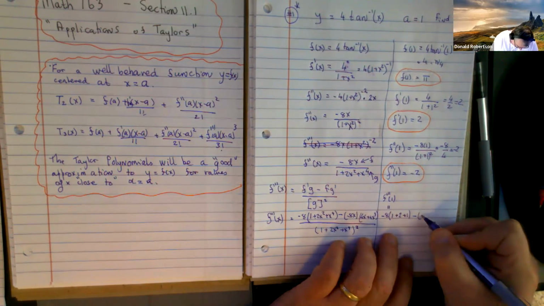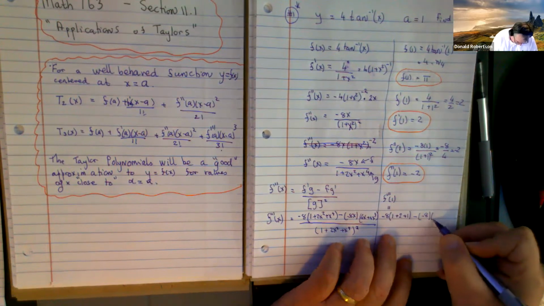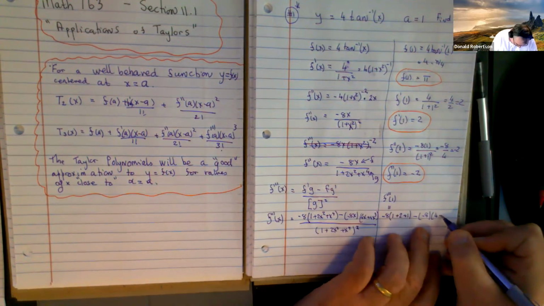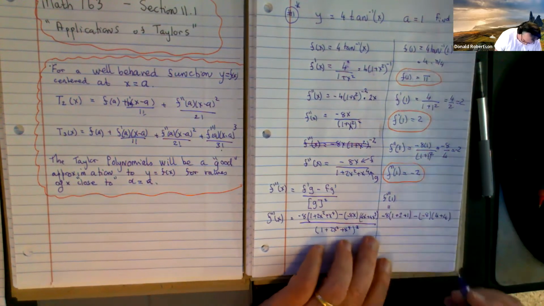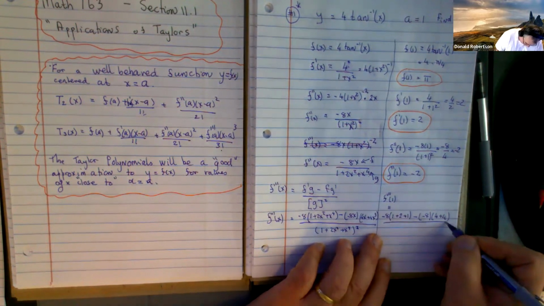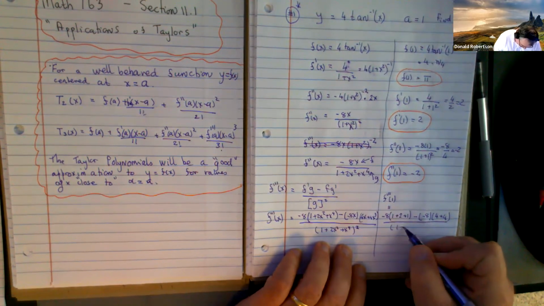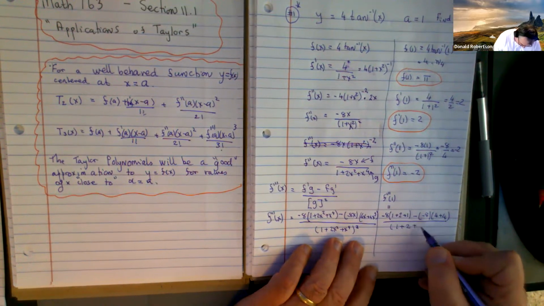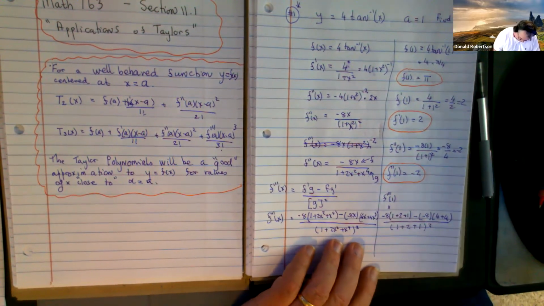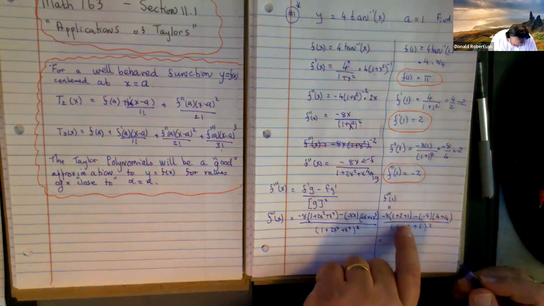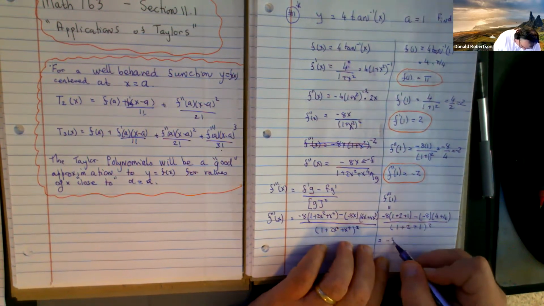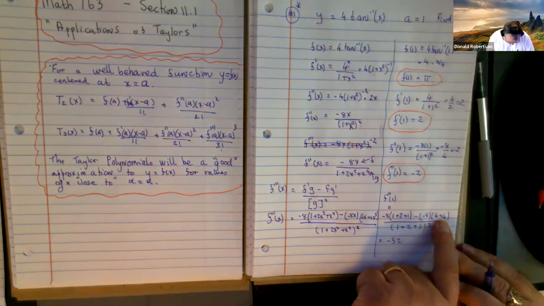Take away -8 times 1, 4 lots of 1 plus 4 lots of 1 cubed. So that's the top line. And on the bottom, I'm going to be 1, 2 lots of 1 squared, 1 to the 4, all squared. And that's 1, 2, 3, 4. So that's -32. That's 8.